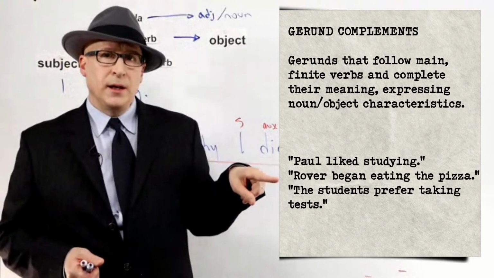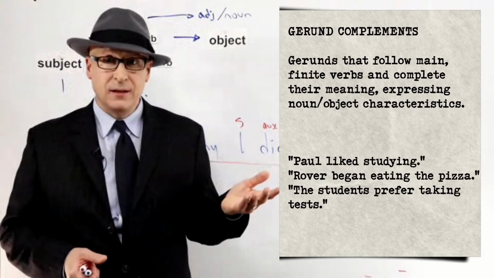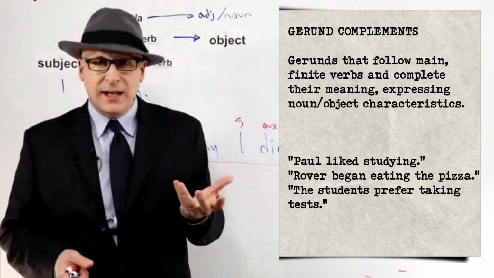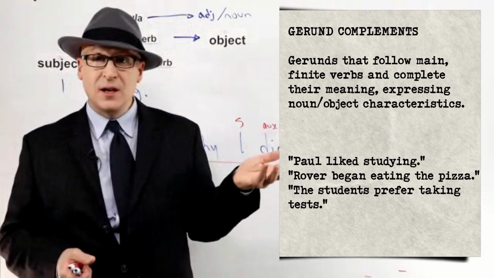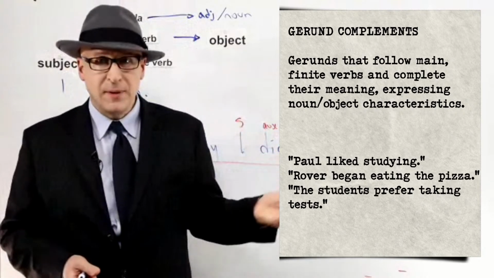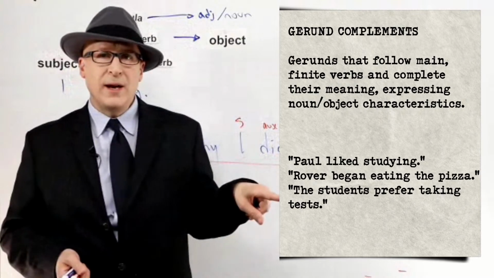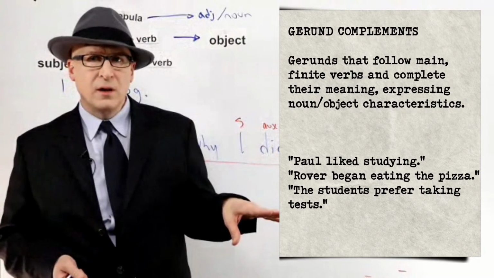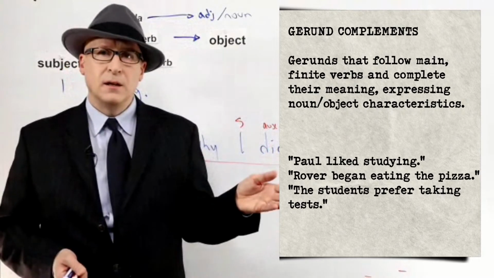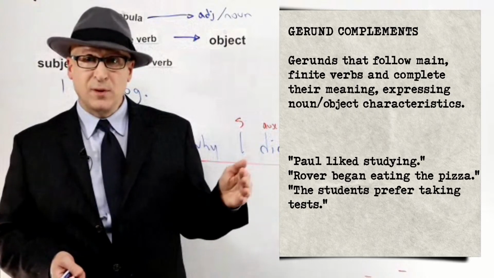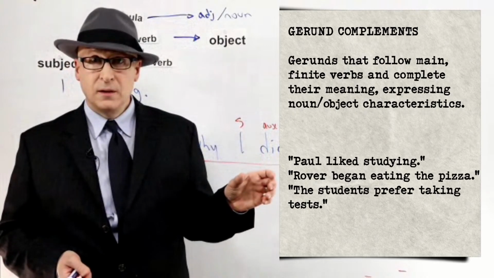Okay? Here we have Rover began. Began what? Began is a transitive verb. It needs an object. Began eating the pizza. He began doing that activity. Here we have the students prefer taking tests. They prefer that. Prefer is the verb, right?